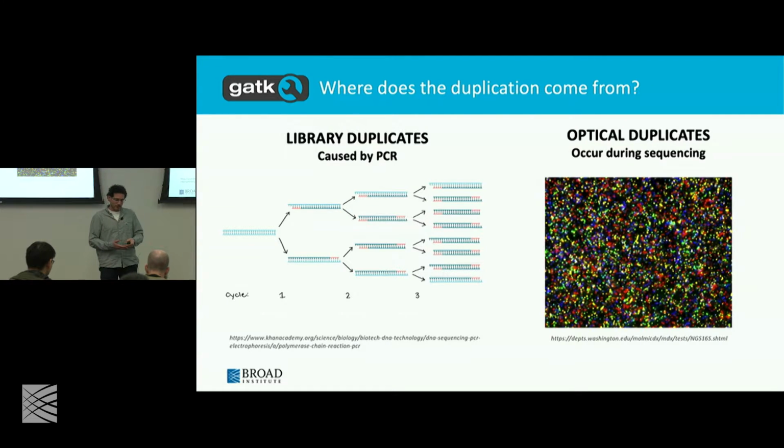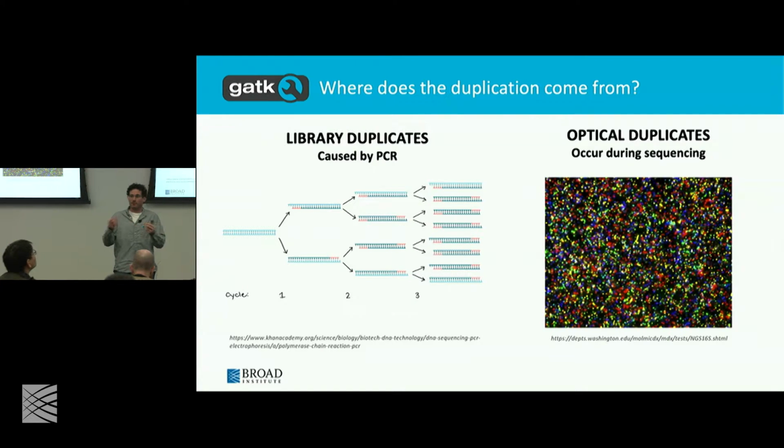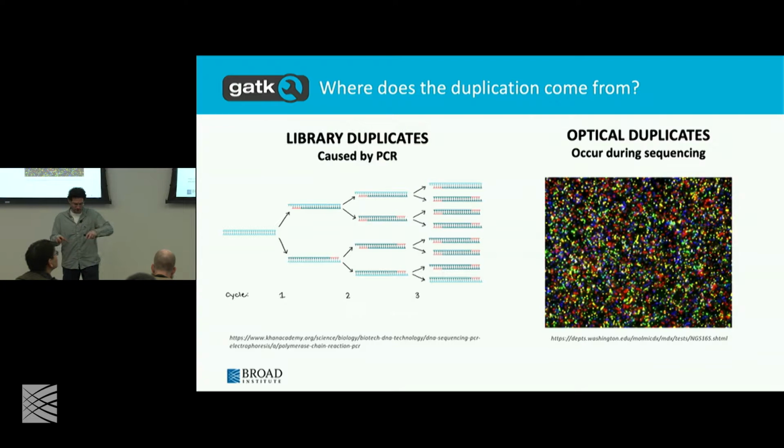The sequencer creates these clusters of molecules that are supposed to arise from the same original molecule, and then it does this optical kind of recognition, trying to find what the different clusters are. And sometimes the clusters are oddly shaped, and it identifies 1 cluster as 2. Sometimes clusters are at the gap between 2 different images, and so the same cluster shows up twice, one in one image and one in the other image.